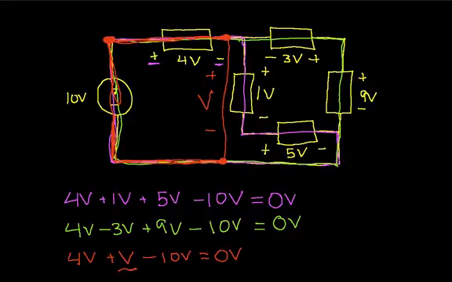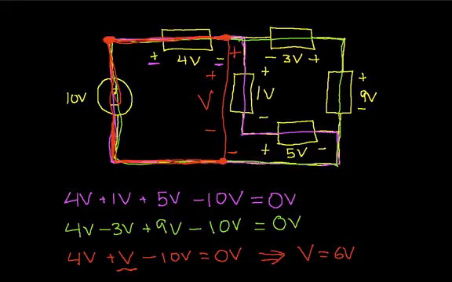Which means that this V, the voltage that's unknown, I can solve for. When I solve for it, I find that V is 6 volts. So I can use Kirchhoff's voltage law to solve for unknown voltages. What that tells me is that the voltage from this node to this node is 6 volts. Sometimes when you're solving circuits, being able to find the voltages between two nodes can be very helpful.